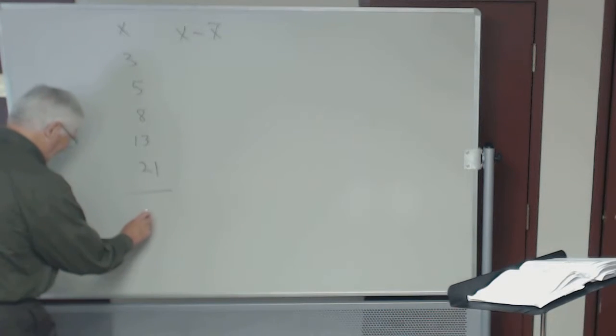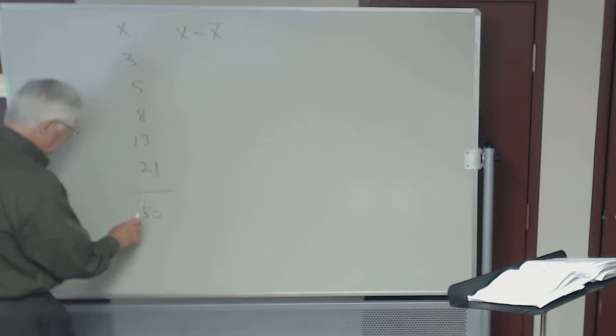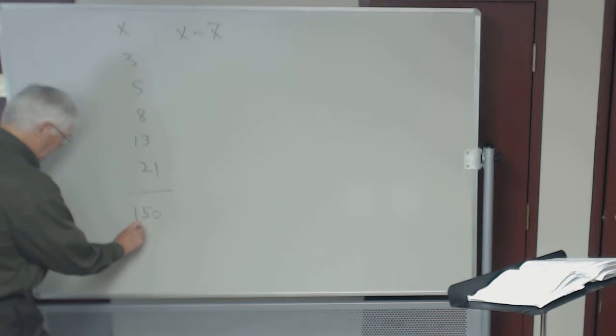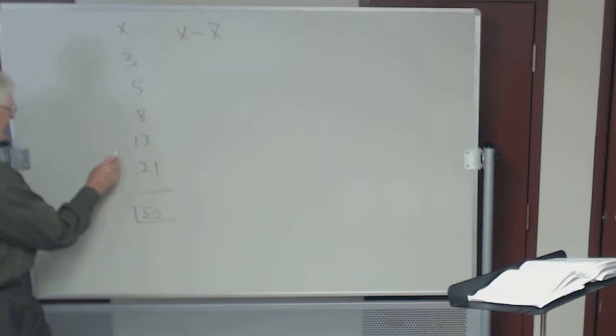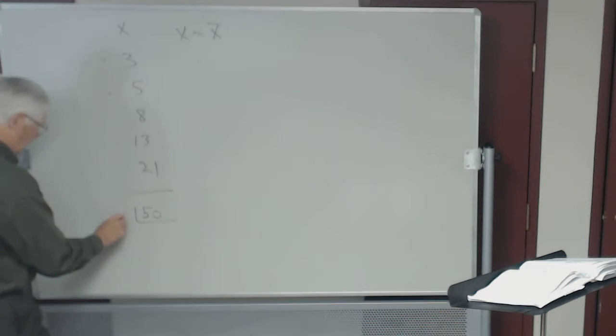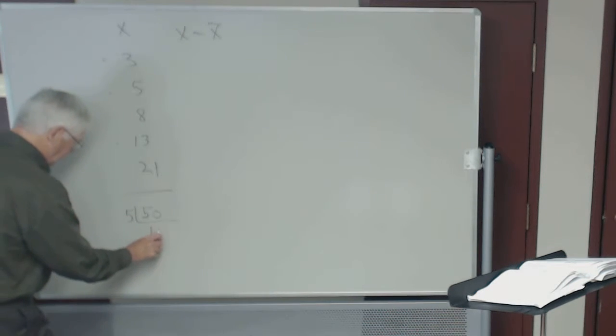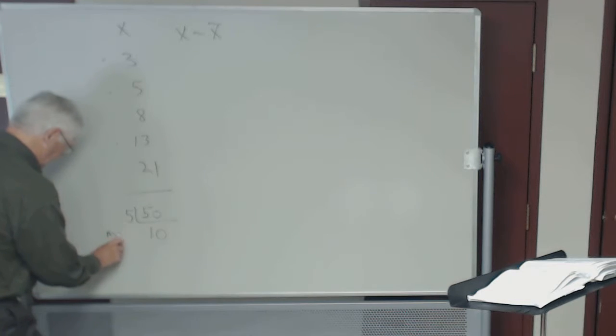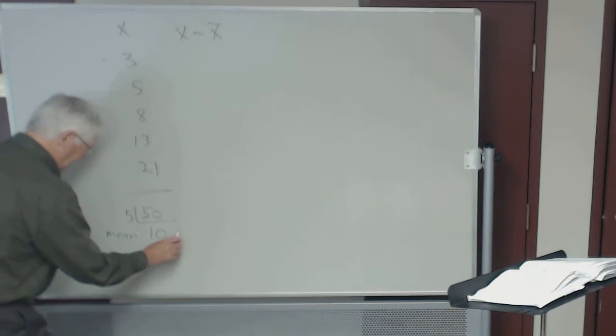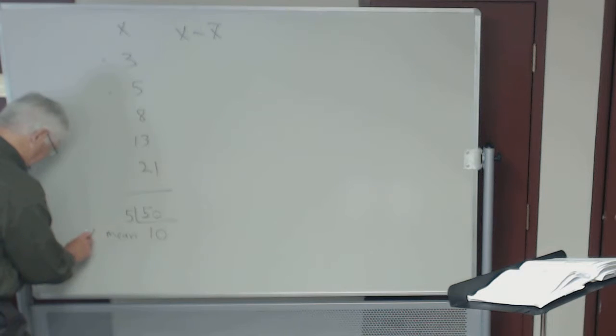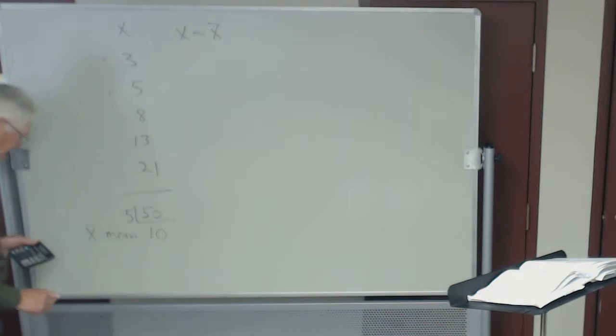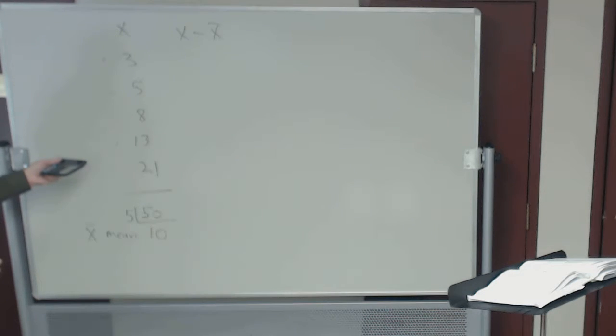And then what do I do with 50? Divide it by the number of scores. So the mean is 10. And that's what that little line over the X means. Okay.